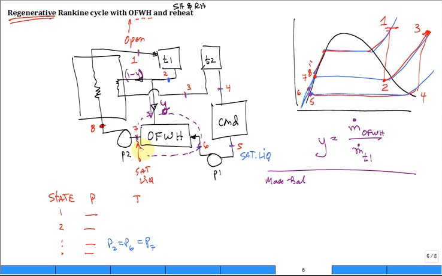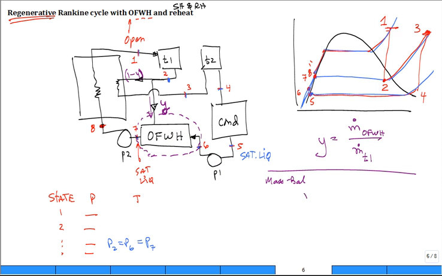If you do that, what you find is that the amount that went back for the reheat, this is how much went back for the reheat, goes through the second turbine stage, goes through the condenser, goes through the first pump. That's what feeds into the open feed water heater.